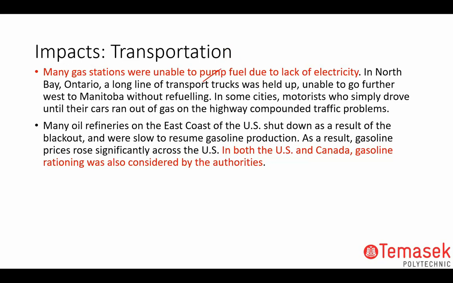They require electricity to do the pumping because the pump is run by electricity. So a lot of vehicles cannot move. A lot of trucks cannot move, even cars cannot move. In the US, they're highly dependent on cars and trucks. At the end of the day, they don't have railway, and railway has a problem also because of lack of electricity. So from one electricity problem, it results in a lot of other things.